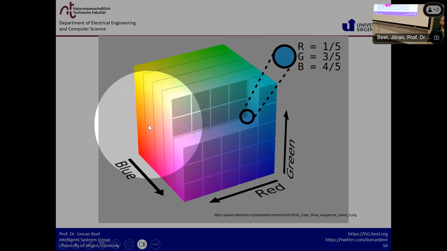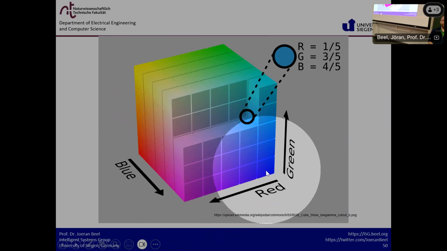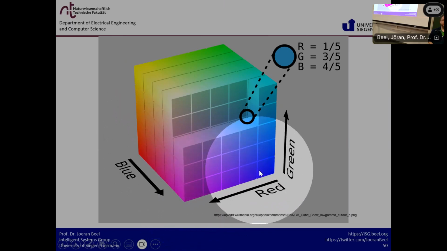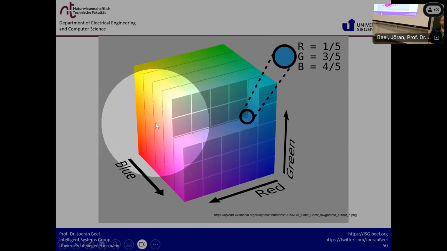The Euclidean distance, let's say roughly it's the same. This distance, let's say it's the same as this distance. But comparing this point and this point, only the red value changed. Comparing this point and this point, 2 values changed, the blue value and the green value.